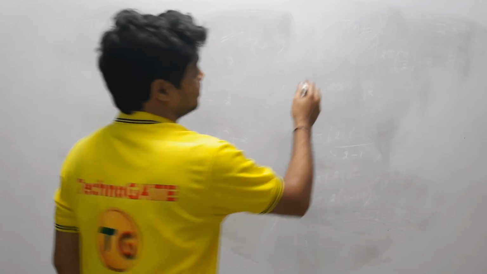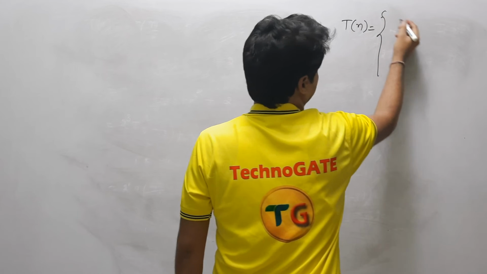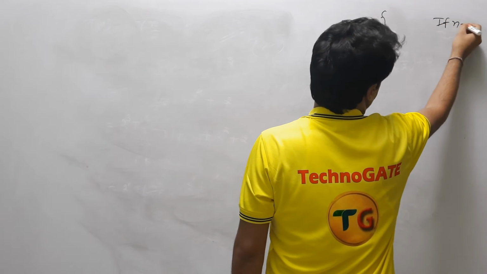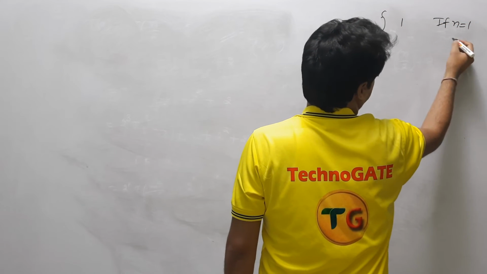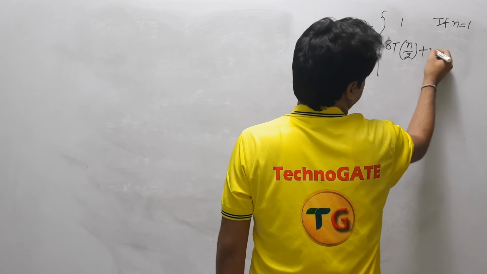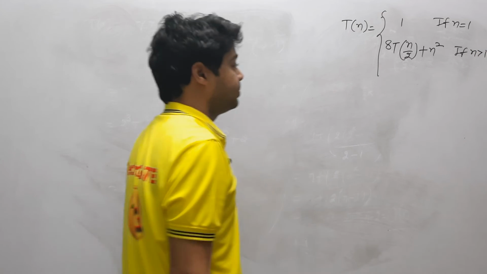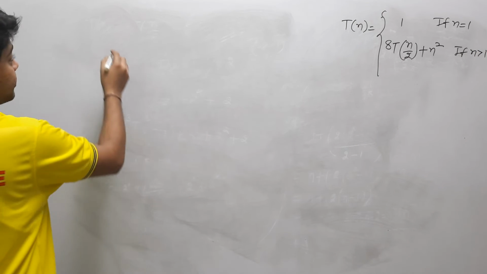So here T(n) is 1 if n equals 1, and 8T(n/2) + n² if n is greater than 1. Okay, let's check here.